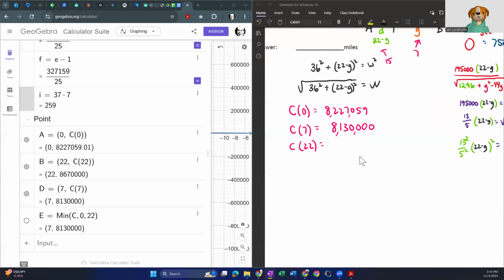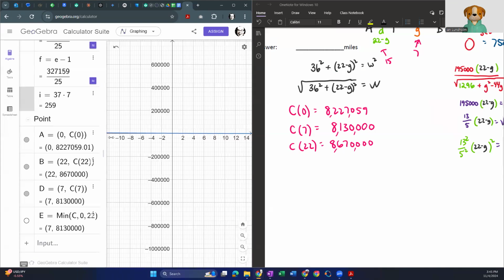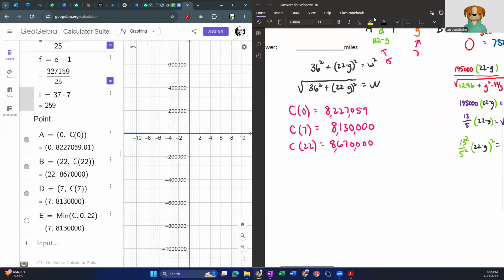So that's more expensive. And this one's 8,670,000. And so, I mean, we just saved about $90,000 from going from the first version where we just go all water. Look at us. We're being frugal.